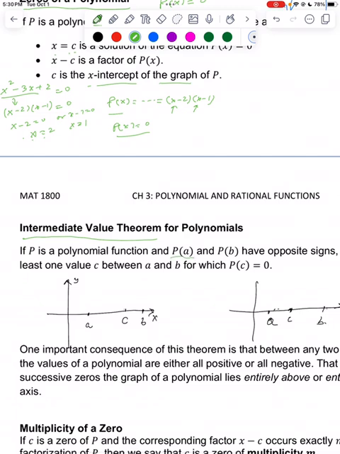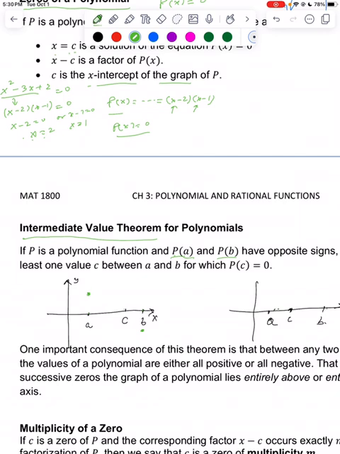Okay, so let's look at this one. P of a and p of b have different signs. So let's say p of a, the value of the function at a, is here, and this is b here. So the value of the function at b has opposite sign to it, it has to be negative, because p of a is positive. So p of a is over here and p of b is down here somewhere.